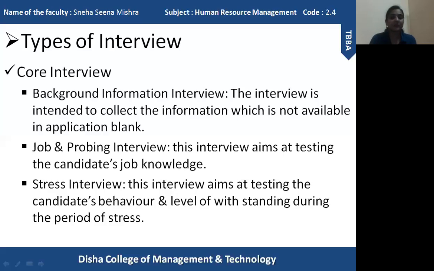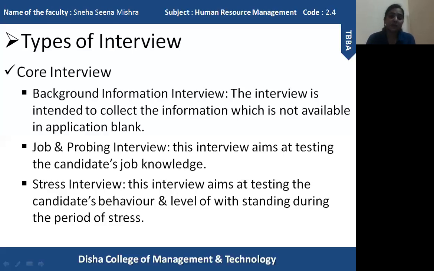So there is a normal discussion regarding interests, hobbies, personal background like educational background, schools and colleges in which the candidate has studied, and the various types of jobs that he has worked with other companies. All those things are discussed in the background information interview.